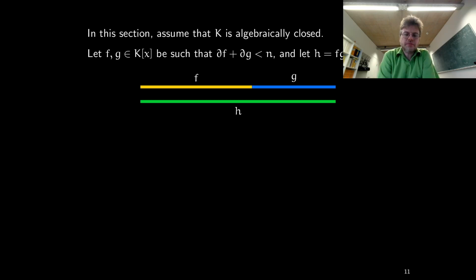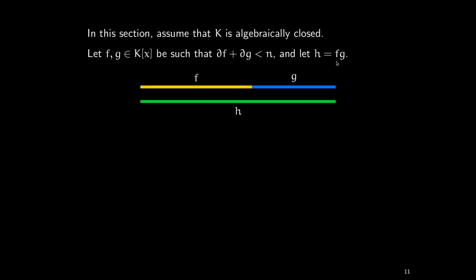Last time, in the first lecture, I denoted by n a bound on the degree of the factors f and g. Today I want to use n as a bound on the degree of the product of f and g. So that this green polynomial here will be a polynomial of degree less than n, so that it has up to n coefficients, counted from the 0th coefficient to the (n minus 1)st coefficient.